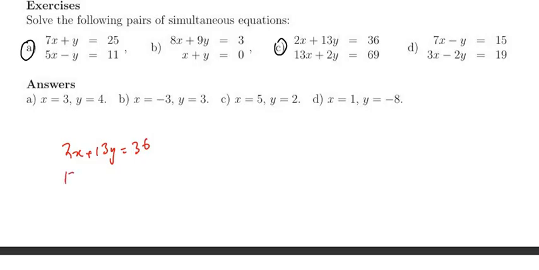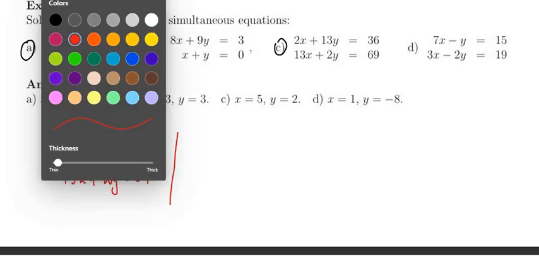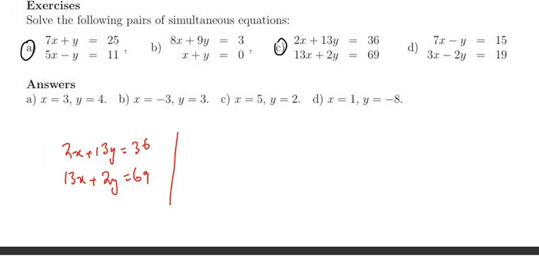Then there is a 13x plus 2y is equal to 69. So if we want to cancel out y, you notice that there's a 13 here and there's a 2 there. So you're going to switch them. This 2 is going to multiply the first equation, and the 13 is going to multiply the second equation.